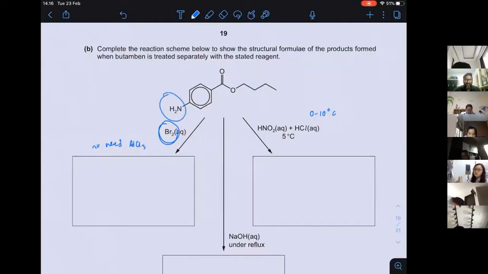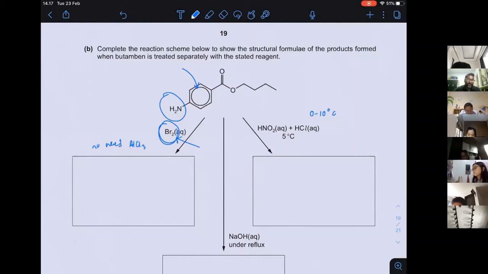This NH2 will donate the lone pair of electrons of the nitrogen, which will enter the delocalized ring and make the ring's charge density higher. When the charge density is higher, the electrophile such as Br over here is attracted directly and is quite reactive.